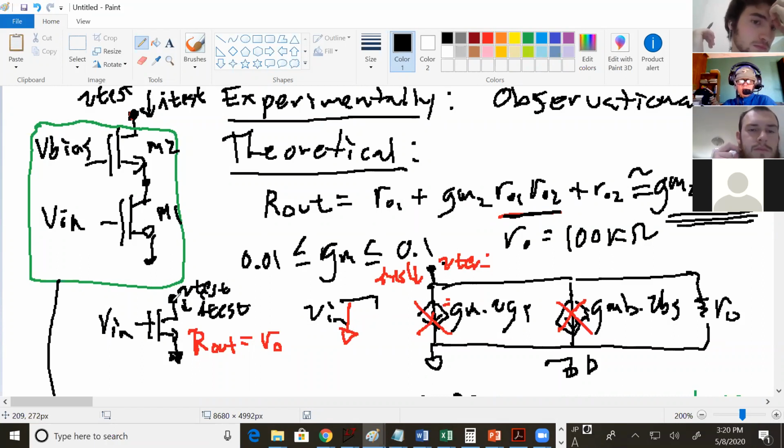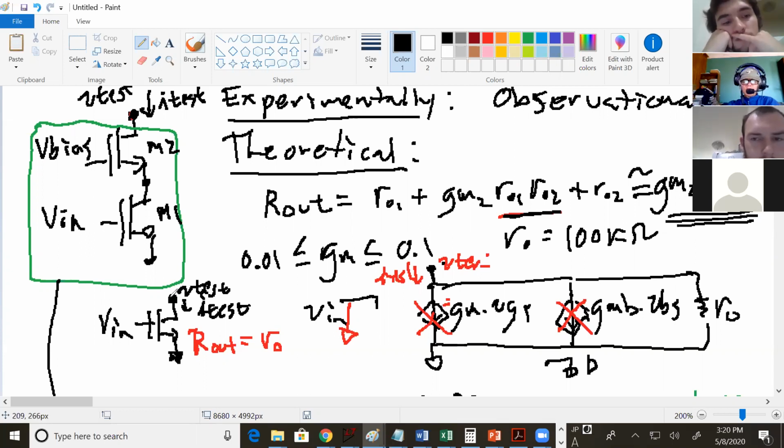If you're finding the R at this node, you do the same thing you do for small signal analysis. If you have a single transistor and you want to see what the perceived resistance is at each terminal, you set the other two terminals to DC sources. So if you're trying to find the collector or the drain, you set the base and the emitter, or the gate and the source, to DC voltages, and then you just do small signal analysis.